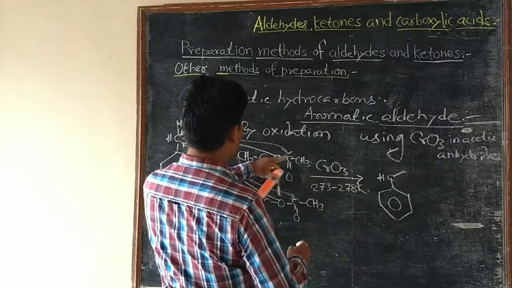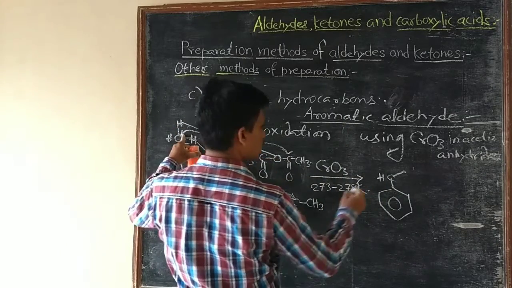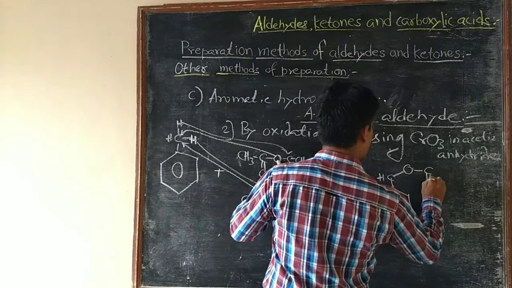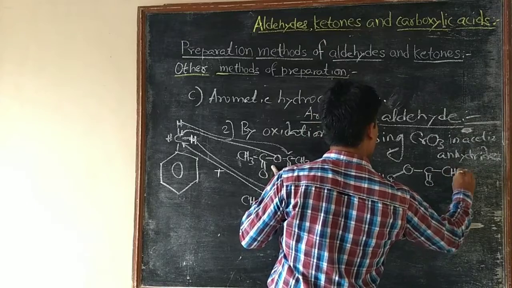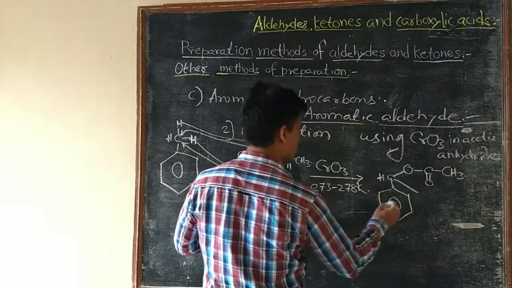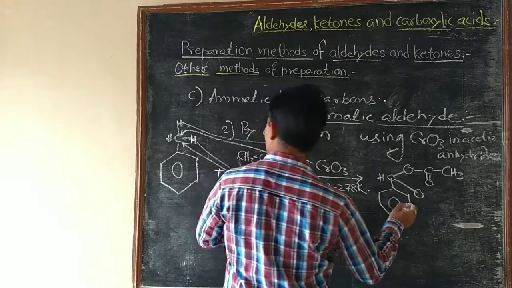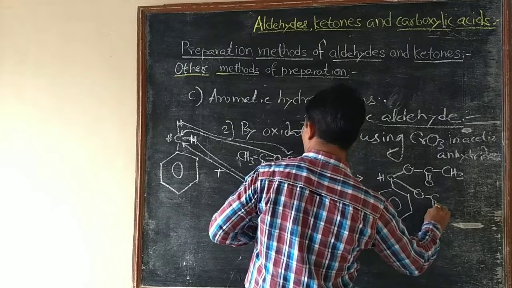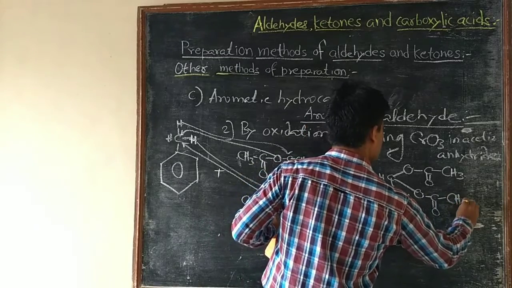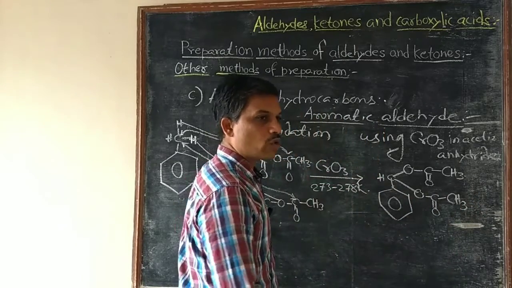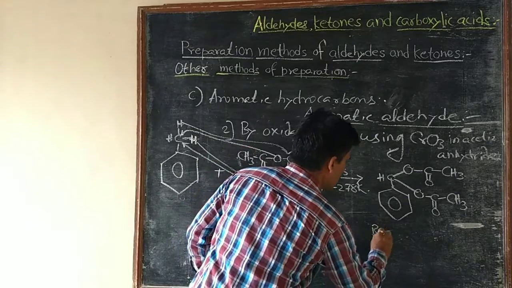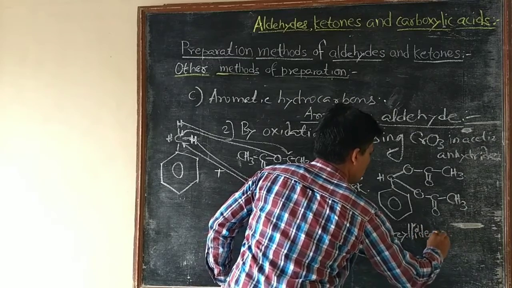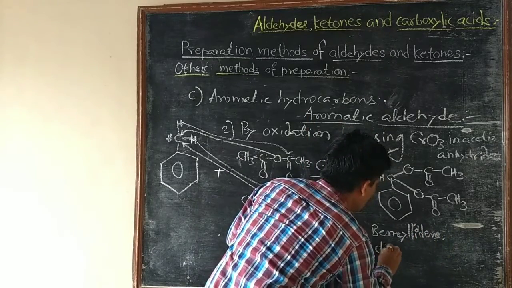Here hydrogen goes to carbon and this oxygen goes to this carbon, therefore oxygen. Here another oxygen, C double bond O and then CH3. Then in another case also oxygen, this oxygen attached to carbon, then C double bond O and then CH3. This molecule is called benzylidene diacetate.